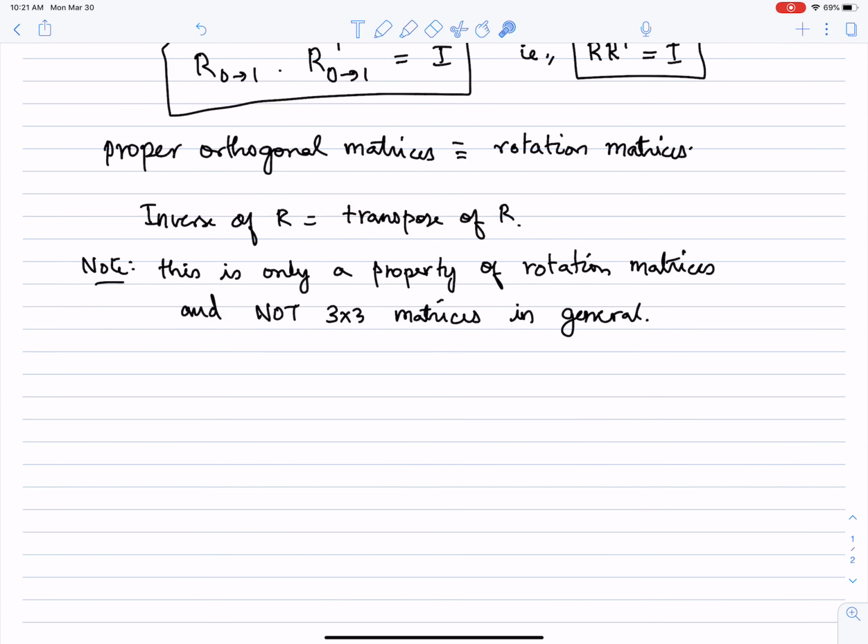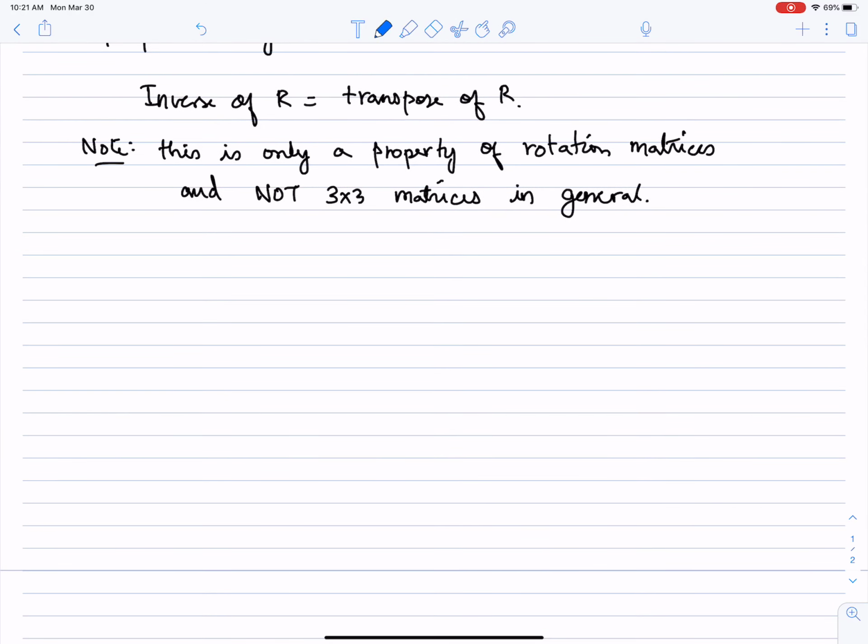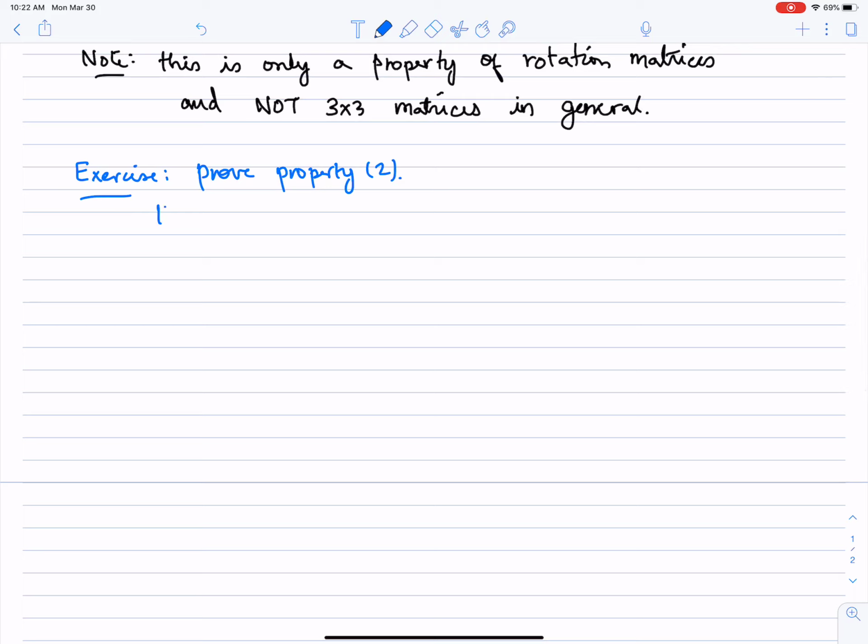Now, how do you prove this property? Let me leave that as an exercise. Prove property 2, hint.